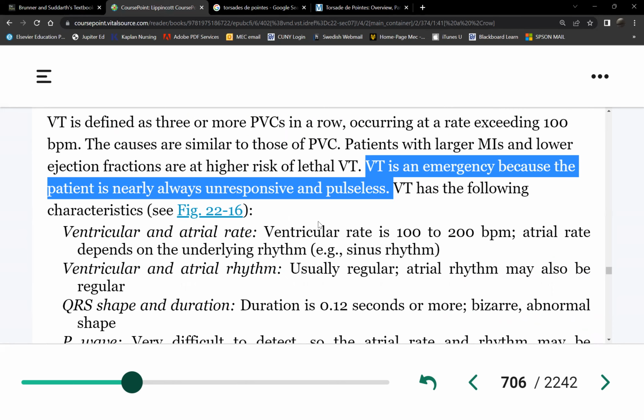No, call a code first. Pull the cord or just yell code, whatever code you have, code blue, or some hospitals have a number, let's say 101, whatever your code is. Call for help first because you can't be alone there.